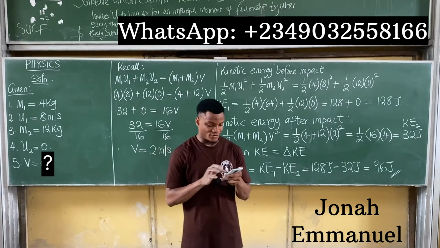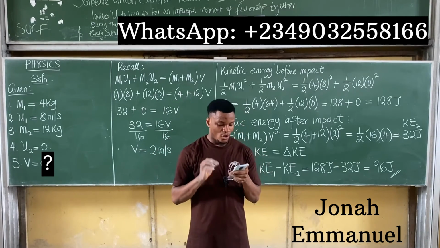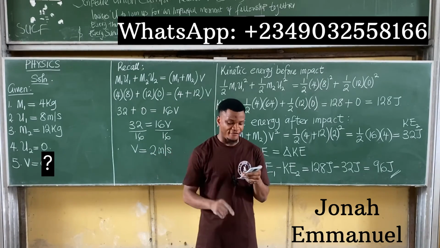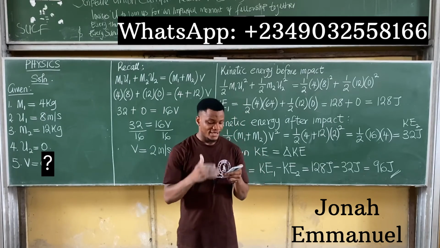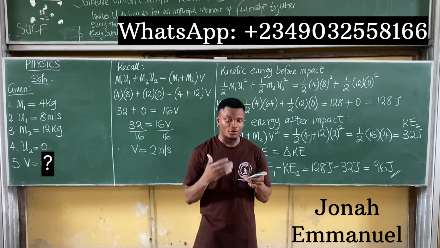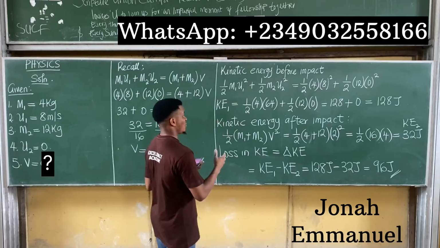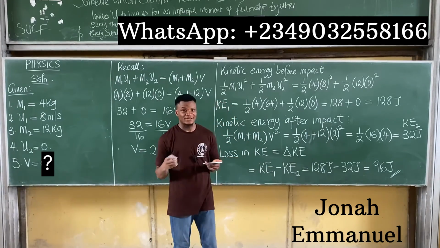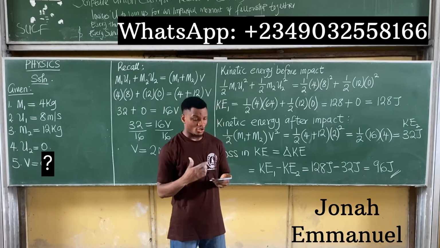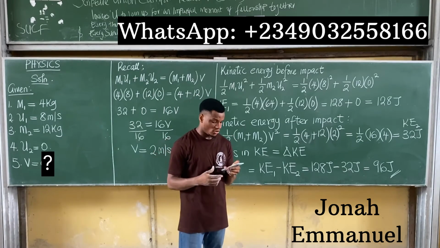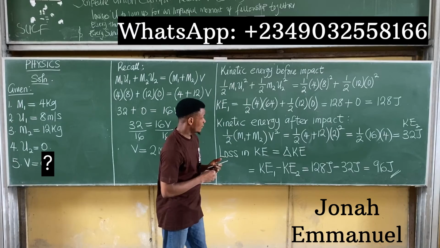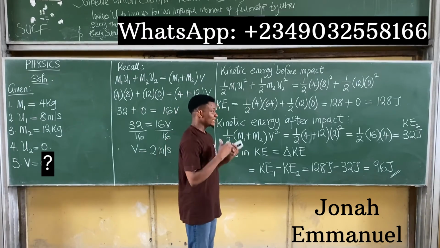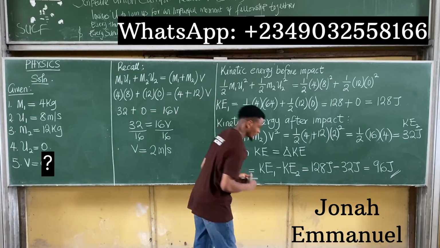The final question says, also, using the coefficient of restitution, state what type of collision occurred. From here, we already have an idea that what occurs should be an inelastic collision. But let's use the concept of coefficient of restitution to determine the type of collision.